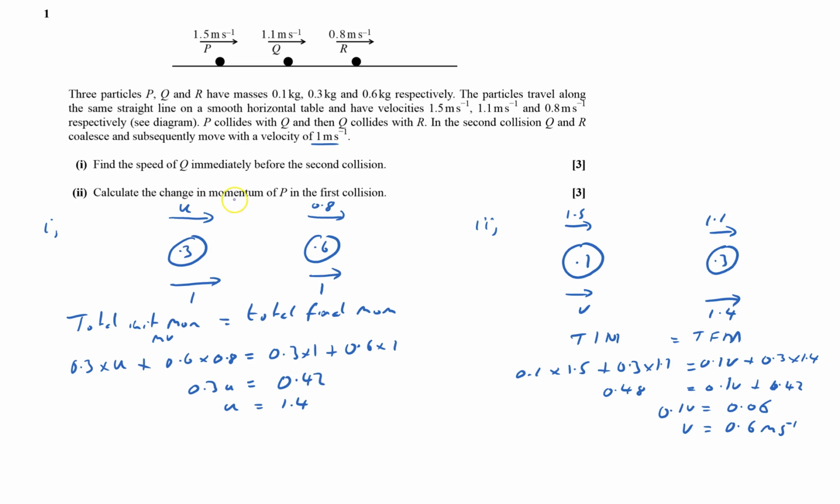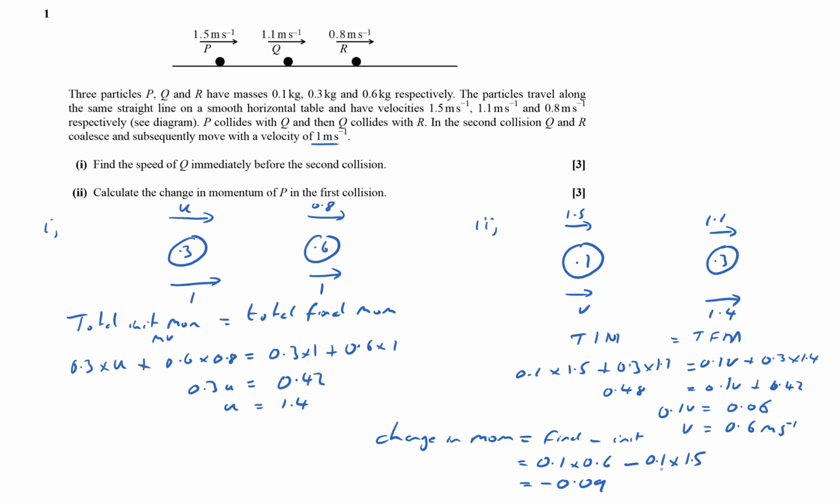But that's not what he wants. He wants the change in momentum. And so change in momentum equals the final momentum minus the initial momentum. The final momentum is the mass, which is 0.1, times by the final velocity, 0.6, minus the mass, 0.1, times by the initial velocity, which is 1.5, and that equals negative 0.09.